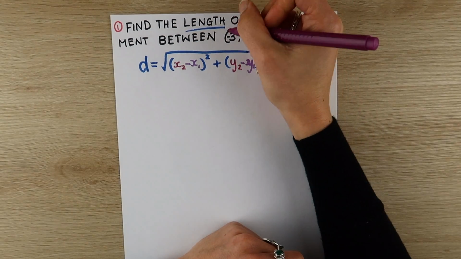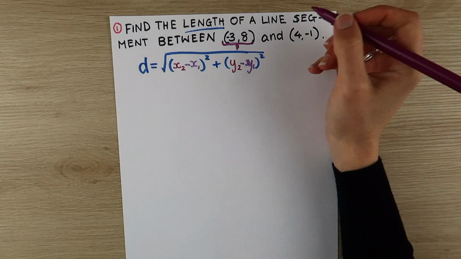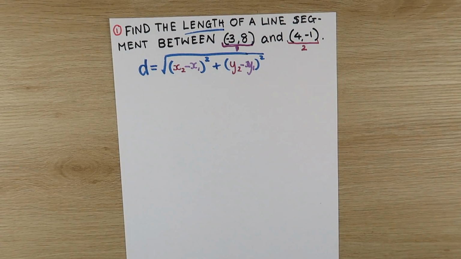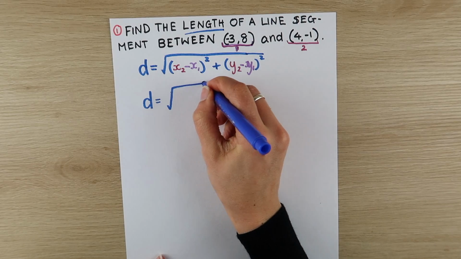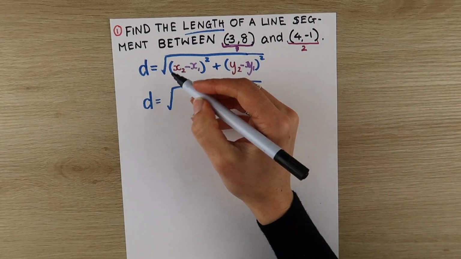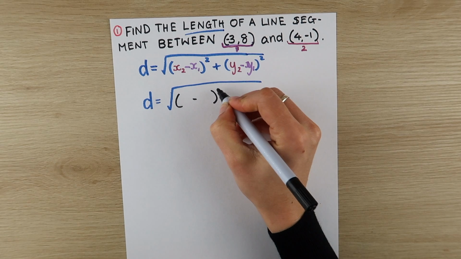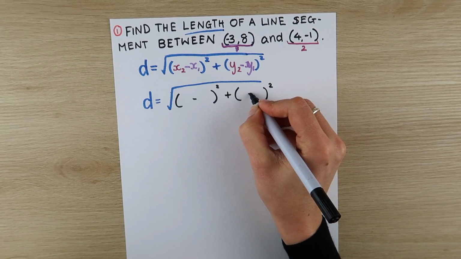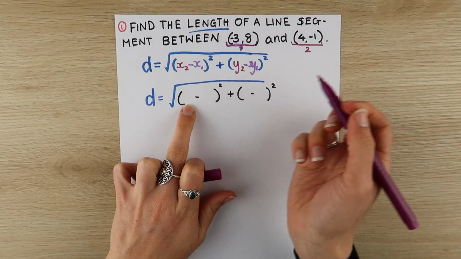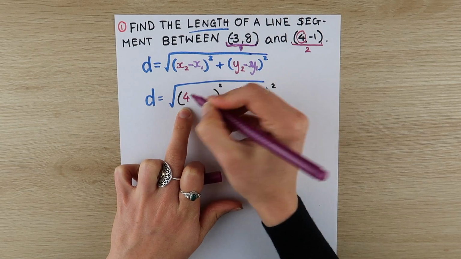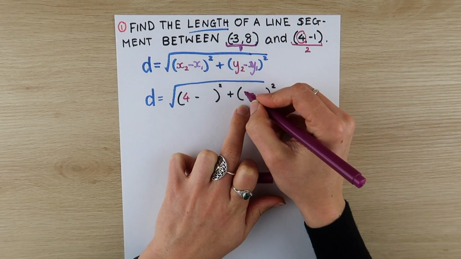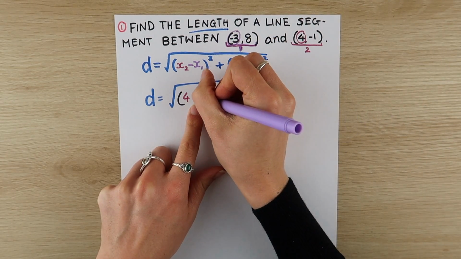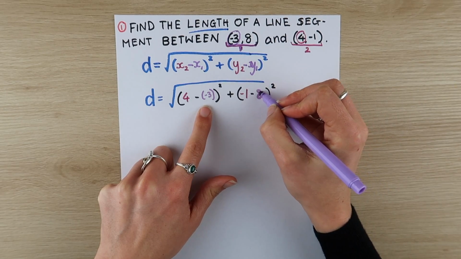Let's label this one 1 and label this one 2 so that you can see where each of these come from in this next step. x2 is 4, y2 is -1, x1 is -3, and y1 is +8.